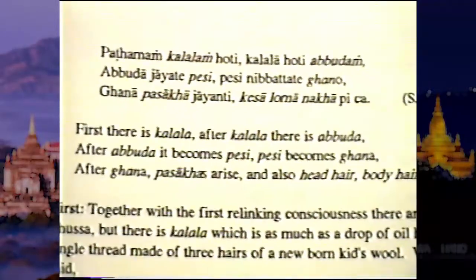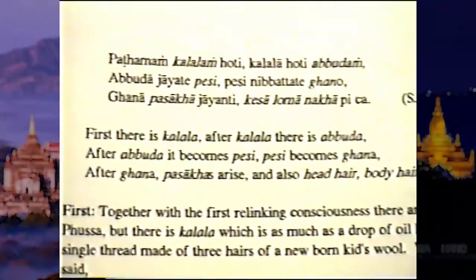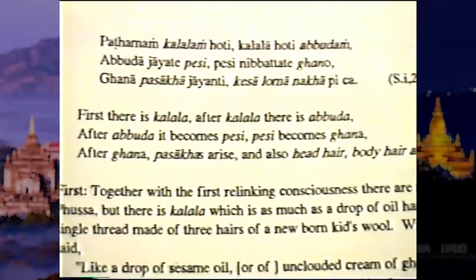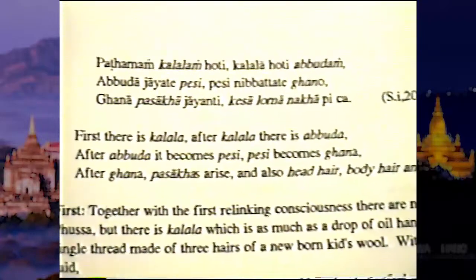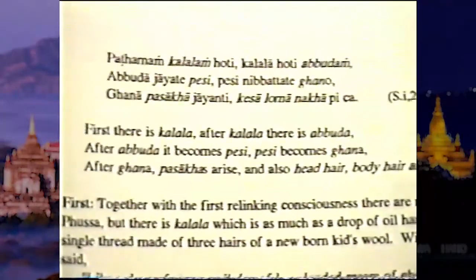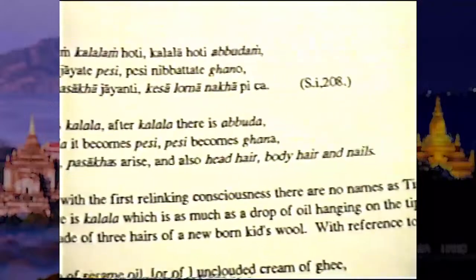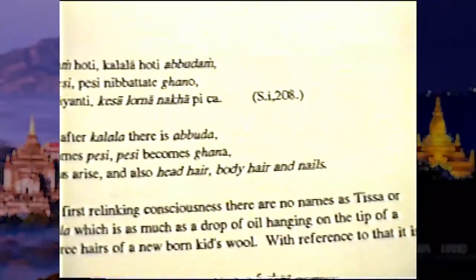After Kalala there is Abuddha. After Abuddha it becomes Pesi. That means it grows into Pesi. And Pesi becomes Gana. After Gana, Pasakhas arise. And also head hair, body hair, and nails. So that is what the Buddha said about the growth of a fetus.